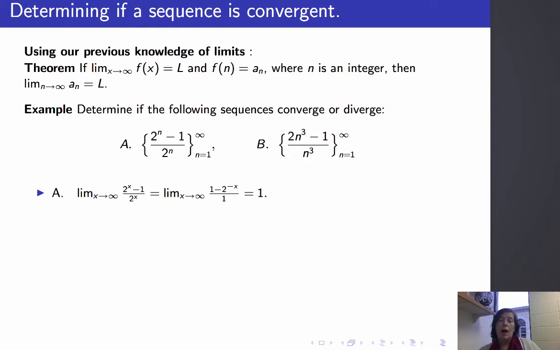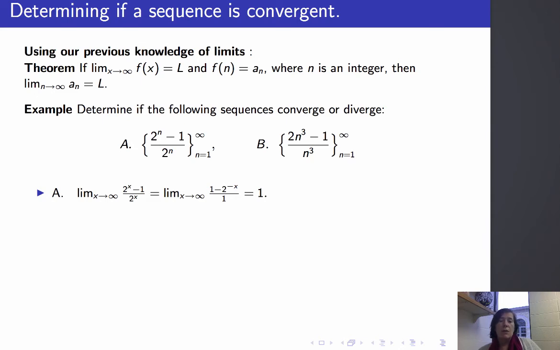Now, the graph of y equals f of x here, which is (2 to the x minus 1) over 2 to the x, contains the graph of the sequence. The graph of the sequence is just a bunch of dots on the graph of this nice continuous function of x. So those dots must follow the same path, and if that function has a limit, they must have the same limit.